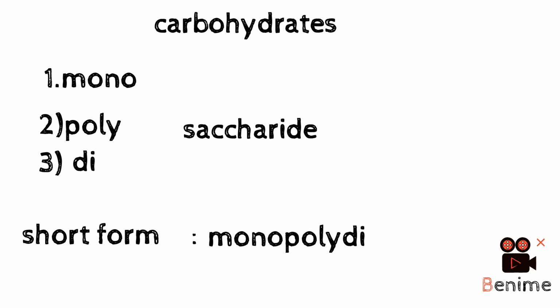Mono means monosaccharide, poly means polysaccharide, D means disaccharide. If you keep this in your mind, you can get the answer within a few minutes without any thinking.